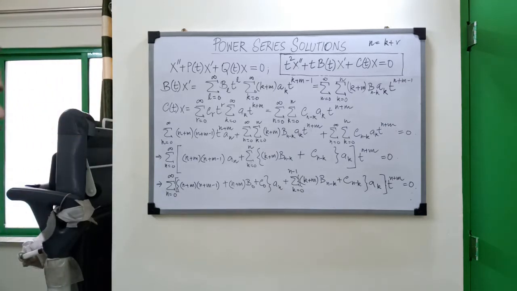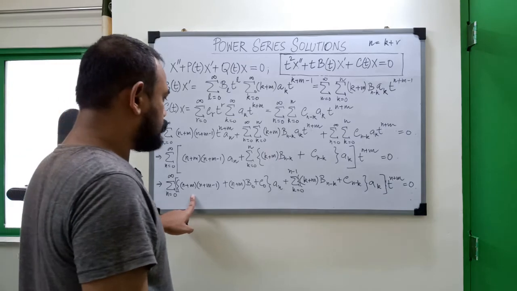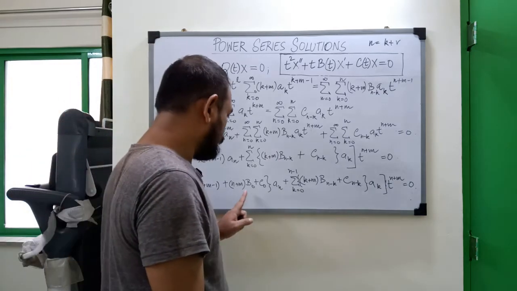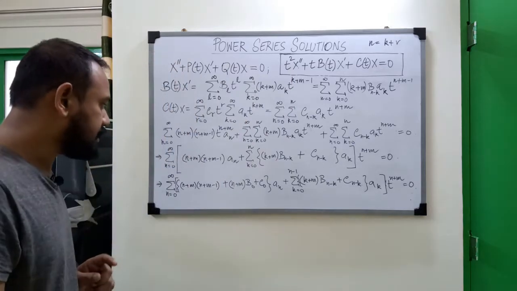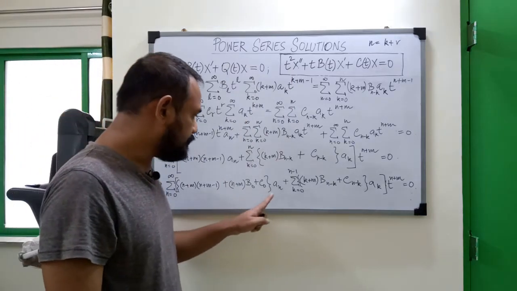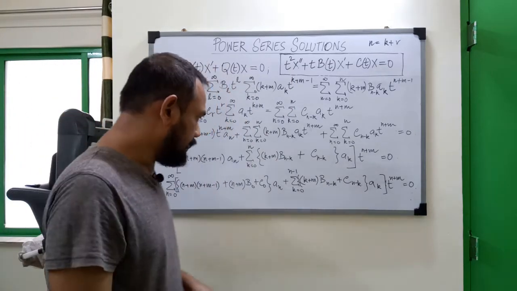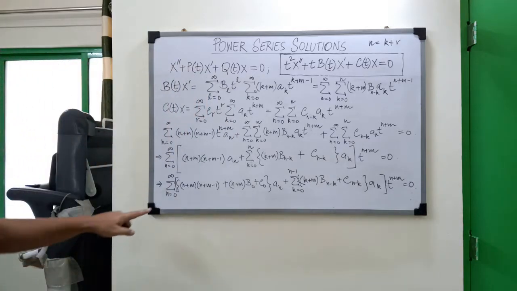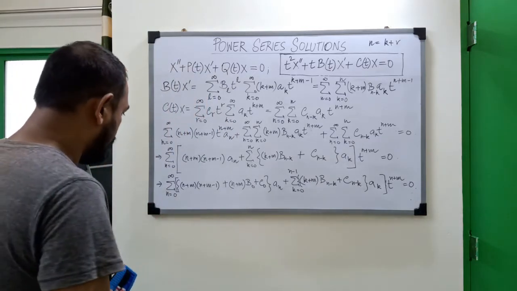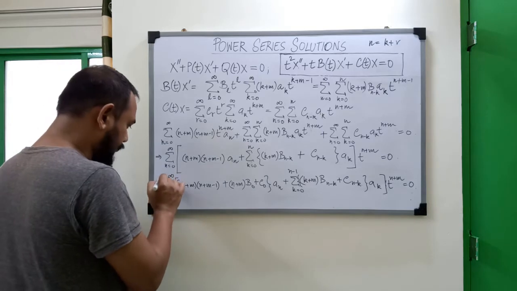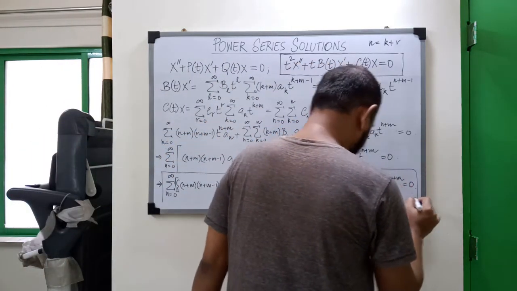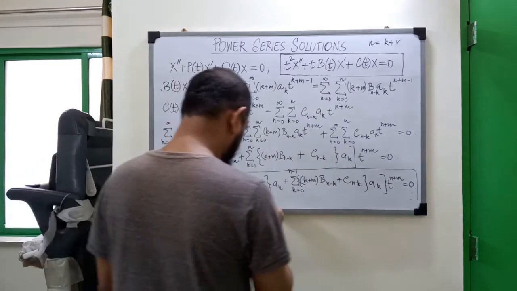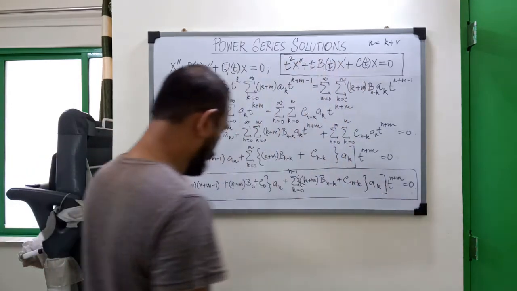Well, now we just come to find, so remember what we had to do. The objective was to find the m and the various a_k's. So I will box this equation here because it's an important one.